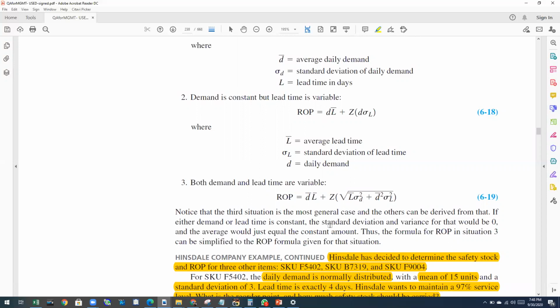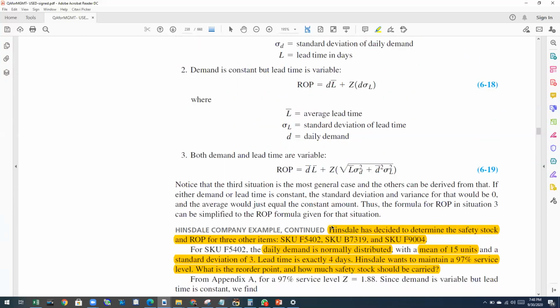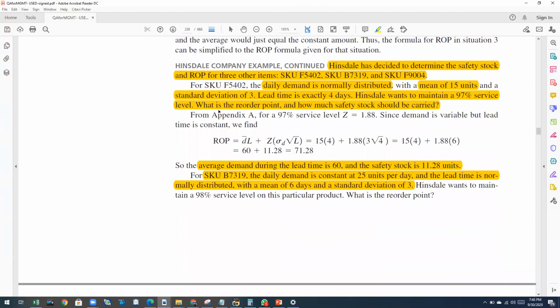There you go. We've got three formulas for three different variations. The next section has examples where we can apply each of those formulas, but I will continue this in a short while. Okay, let me continue.